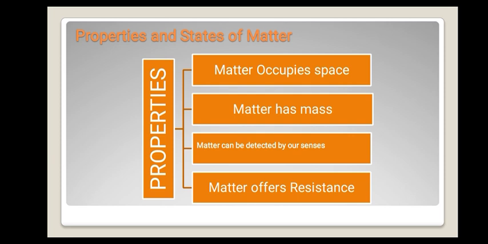Now, the fourth one is matter offers resistance. Here, the word resistance stands for a barrier. Barrier means जो अपने को आगे बढ़ने से रोकता है. Okay? So, it is difficult to swim against a strong current of waves.